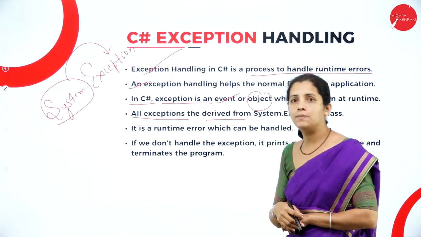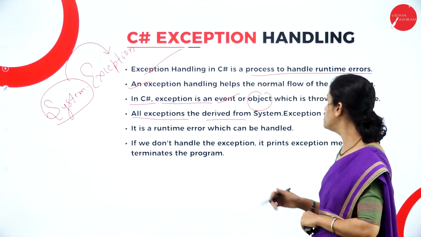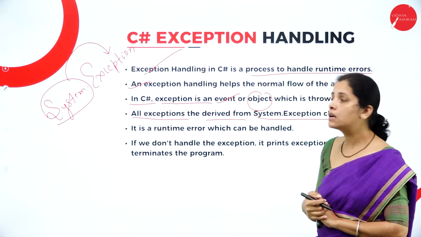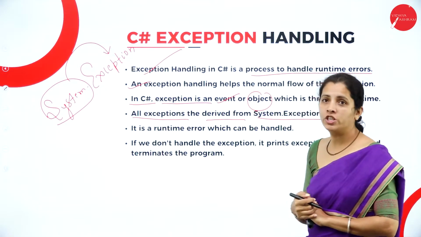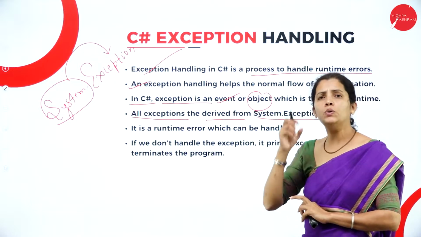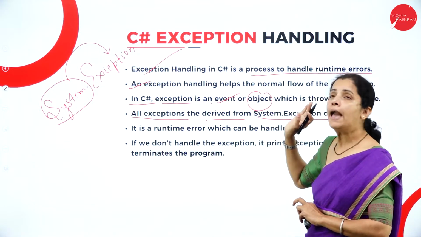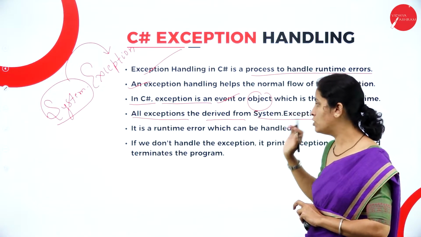So all exceptions are derived from the System.Exception class, and it is a runtime error which can be handled. To handle all runtime errors, I'm going to use the exception handling methodology.